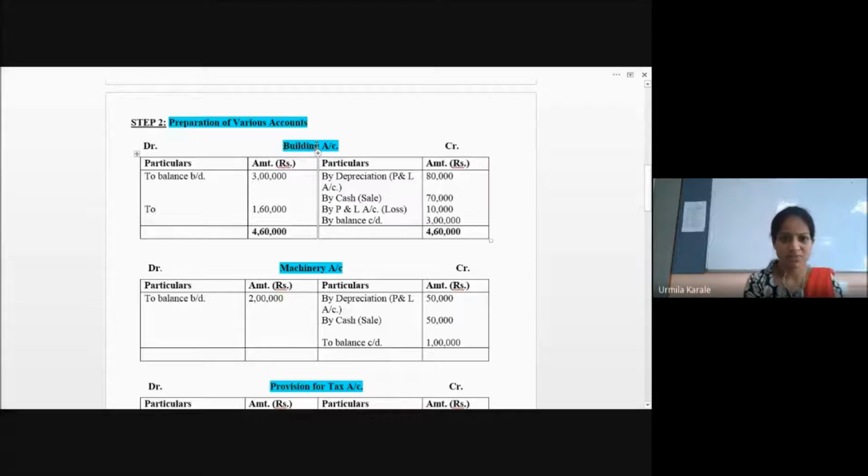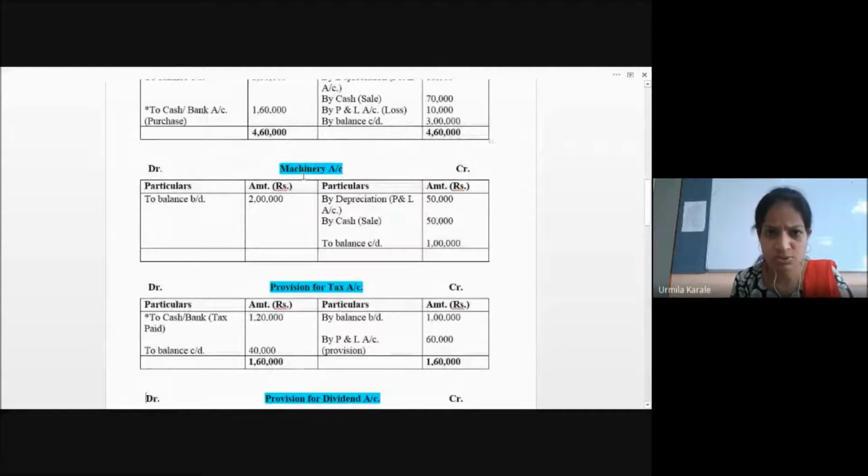Debit what comes in. When more building comes into the business, then debit effect. So when you buy more building, you are spending cash. Building account debit to cash or bank account is nothing but purchase of building. Because while writing in the fund flow, you need to remember what this is. Purchase of building. This is the balancing amount.